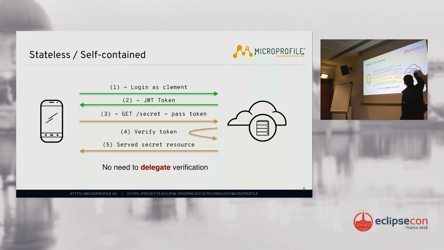It means that this service won't call the issuer service anymore. It's very important in terms of scalability, because if you get millions of requests and you need every time to delegate to something else to verify if the token is valid or not, you are going to kill this other service you are calling. And you don't want that. So the fact that the token contains everything, so this service can verify it, is very important.